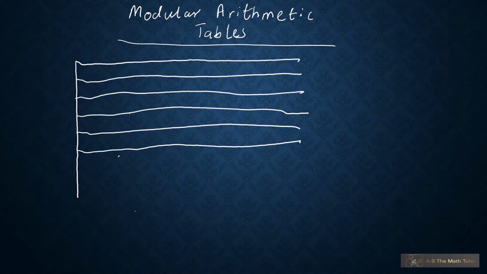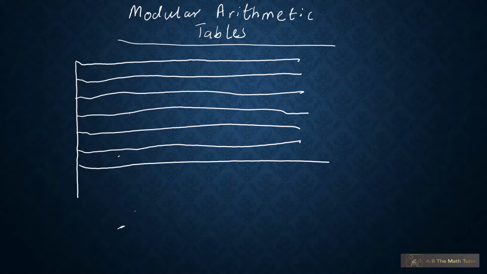So the number of elements in modulo 5, you can have 0, you can have 1, you can have 2, you can have 3, you can have 4, you can't have 5 or more. So these are the numbers that can be part of this table. So 0, 1, 2, 3, 4.